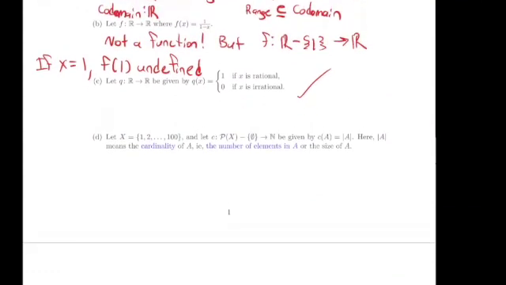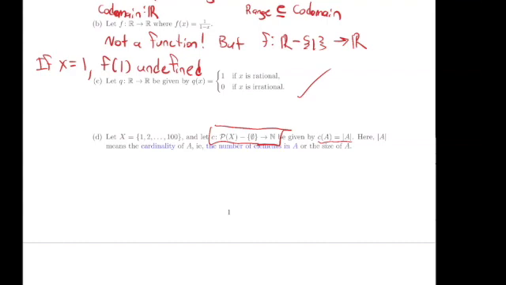Okay, so in D, what we're mapping here is from the power set of X, excluding the empty set, which would be in the power set, into the natural numbers, where we're going to define this map as the cardinality of the set.